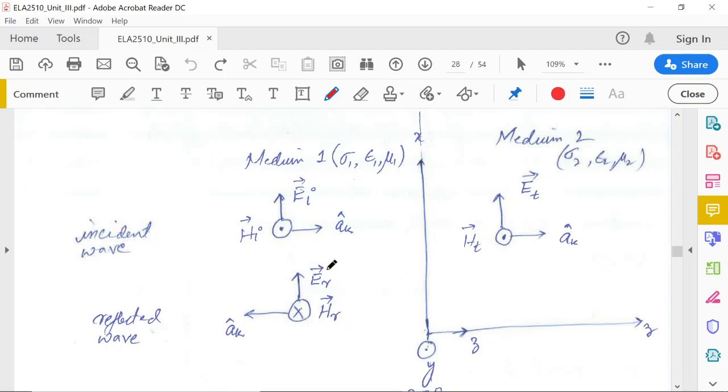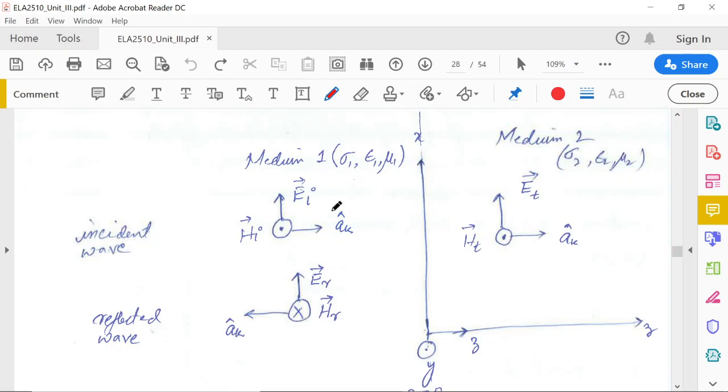You can consider ER to be negative, but for simplicity, just take ER the same while HR is reversed. You can also take HR in the same direction with ER reversed. Both will give you the same results. So for simplicity, we take EI and ER in the same direction, while ak is reversed and HR is reversed.